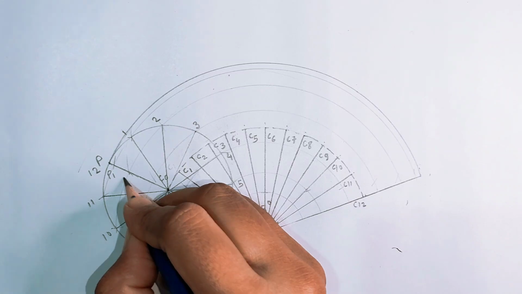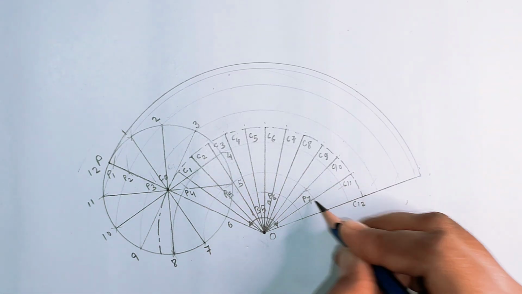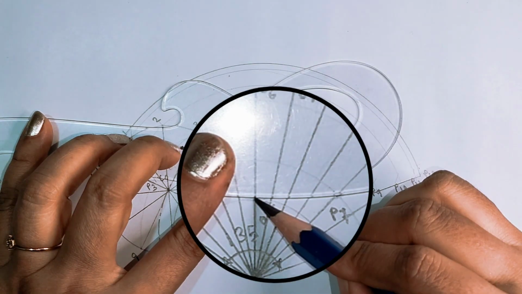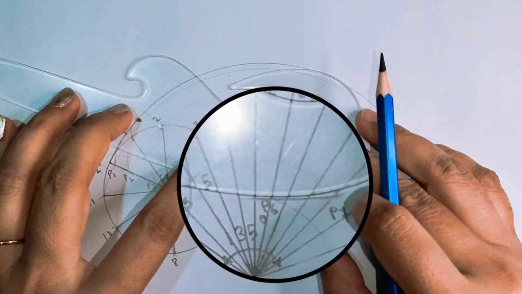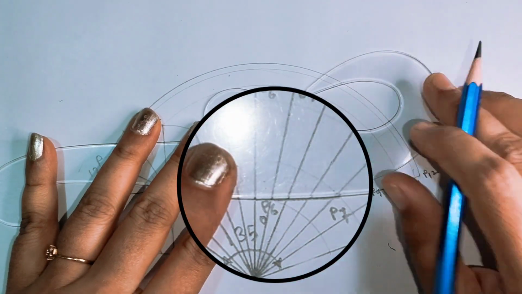Mark all the intersection points as P1, P2, P3 up to P12, and join the points P1, P2 up to P12 by a smooth curve to get the required hypocycloid.